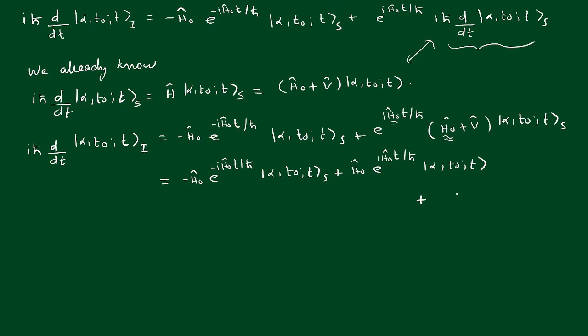Plus this term, e raised to i H0 t by h cross, and then V hat alpha t0 t Schrodinger. These two terms are the same with a minus sign, so they will cancel. Is that fine?